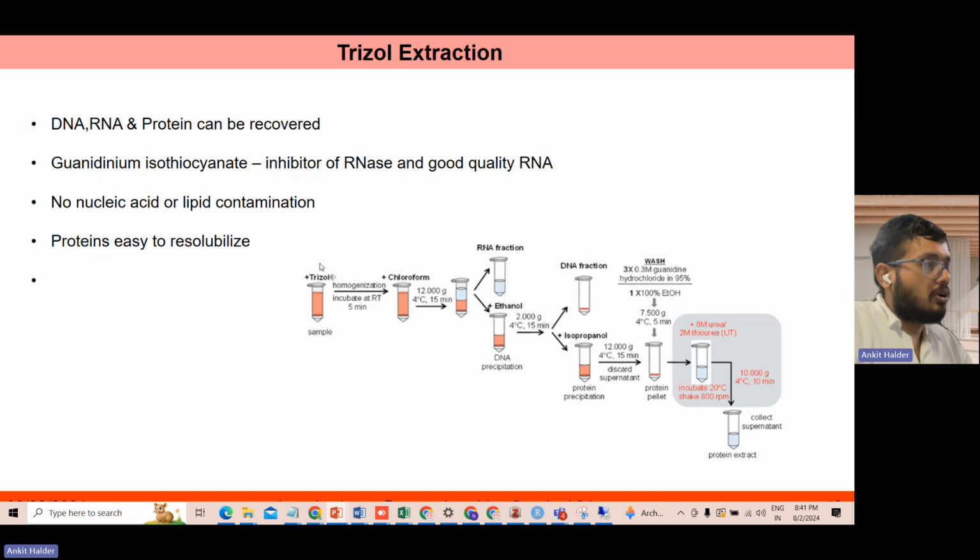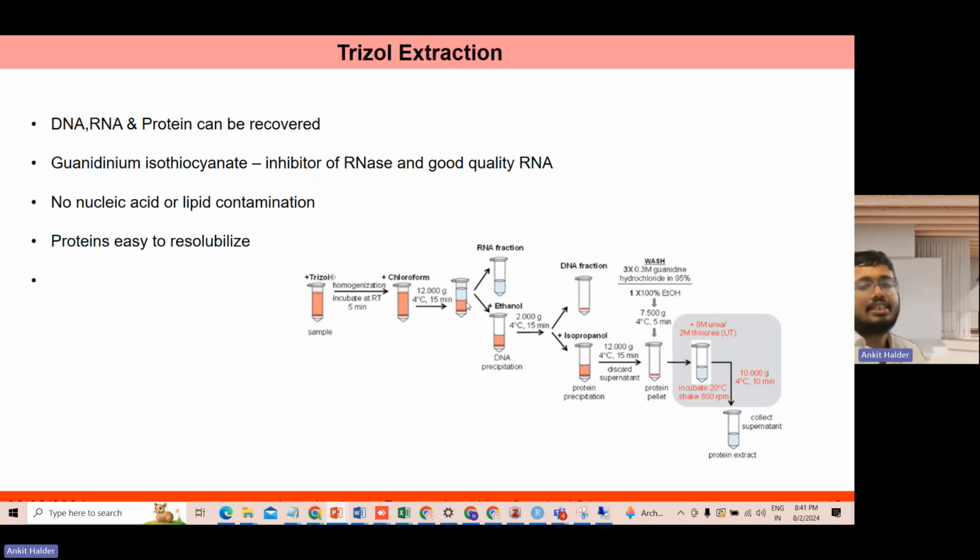The sample plus the TRIzol, and we do a homogenization, incubate at room temperature for 5 minutes, add chloroform, and then centrifuge for 15 minutes. Then you will get the upper fraction, which contains your RNA, right?